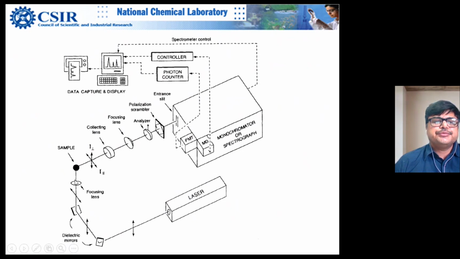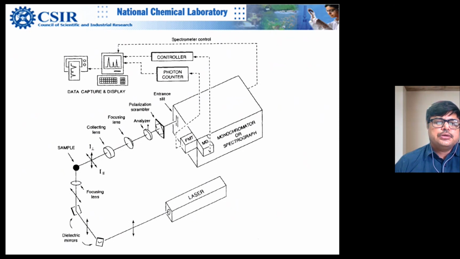Then it may go to the focusing lens. So this is limited by the Rayleigh criterion, which we all know. Diffraction limited resolution is typically half of the wavelength, right?